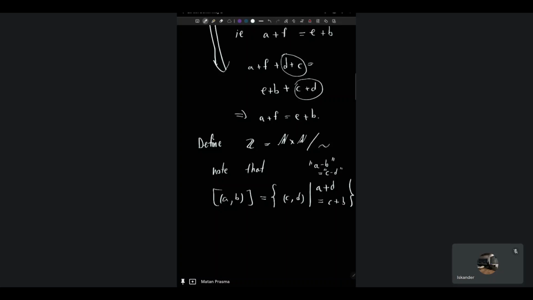But this definition of the integers that I gave here would be much easier to work with when you want to define now the operations of addition and subtraction.